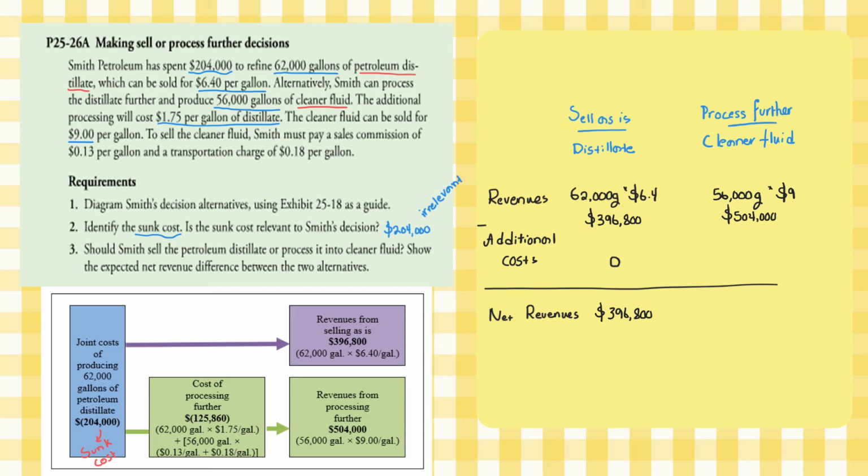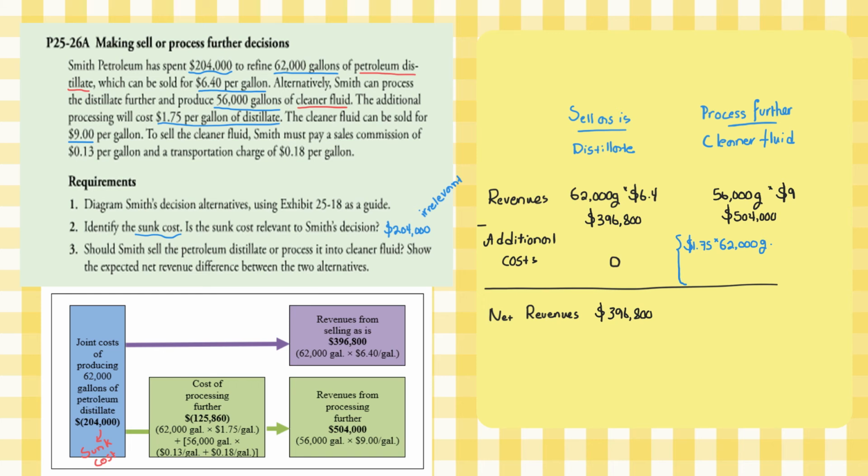Now the additional cost, if we process it further, I'm gonna pay 3 costs. The first one is processing further cost, which is 1.75 per gallon of distillate. So I need to multiply it with 62,000 gallons of distillate. Then to sell the cleaner fluid, we're gonna pay sales commission and transportation charge per gallon of cleaner fluid.